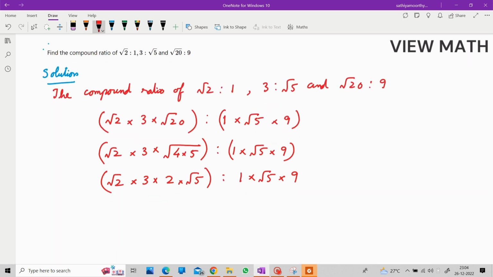Now I can cancel square root of 5 on both sides, and here 3 1 times and 3 3 times. So now I have 2 into square root of 2 is to 3. This is the compound ratio.